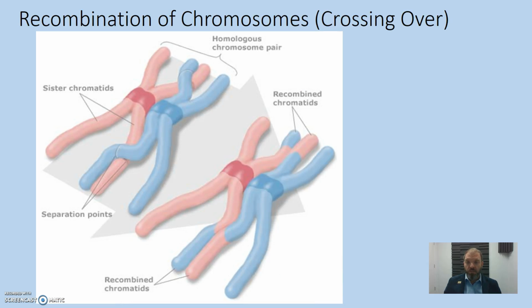The next form is this recombination of chromosomes called crossing over. So when we align in what's called the tetrad here, tetra is related to number 4, so we have 4 chromatids together. Remember, these are homologous chromosomes, red and blue, and each has replicated to make sister chromatids. So because these are homologous, they have the same genes in the same locations but not necessarily the same sequence. But because they're homologous, they could have large sections of DNA that are identical. And because of this, base pairing can occur between strands, leading to breaks and joins that lead to recombination or new combinations of these.